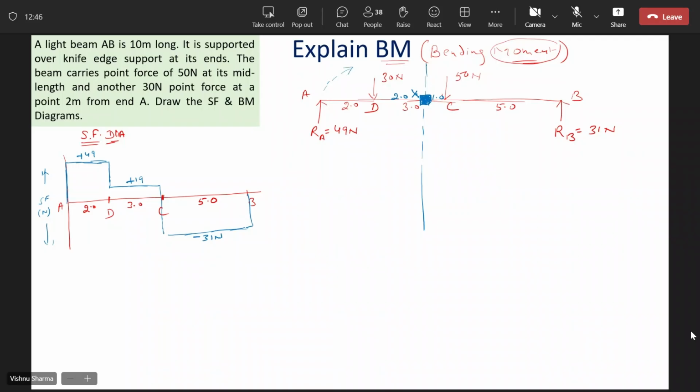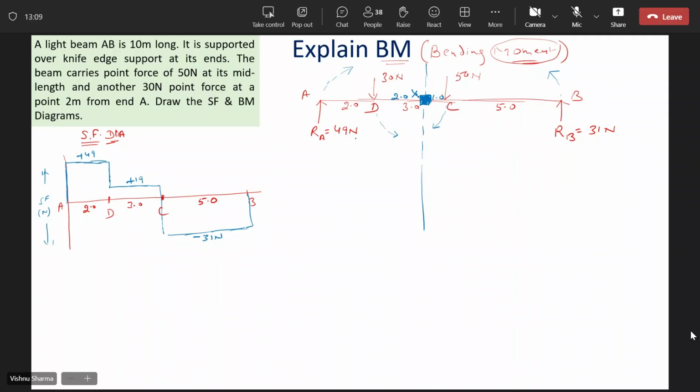I'm sure you'll agree 30 newtons will cause anti-clockwise movement. 50 newtons will cause clockwise or anti-clockwise about X? Clockwise. This will cause clockwise and this will cause anti-clockwise. Very good. So there are two forces on each side.